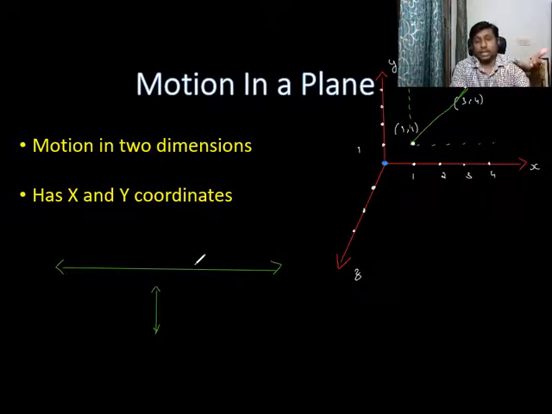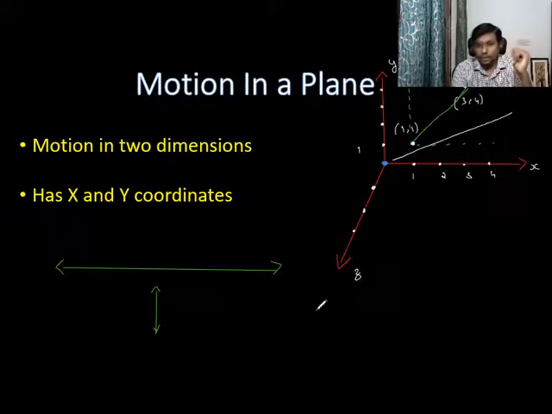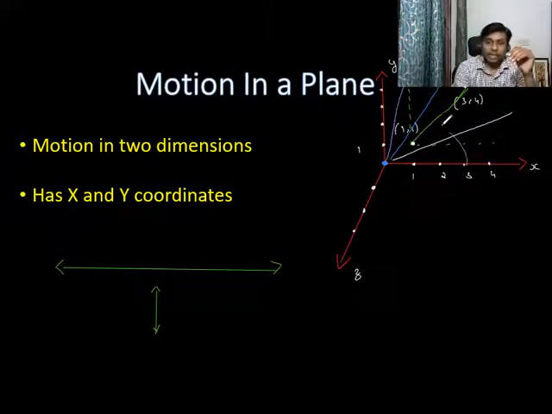In a straight line, direction was not important because just forward and the other is backward, very easy. But here, the body can move along the green line that I drew, along the white line, the blue line, the violet line. It can move anywhere here.